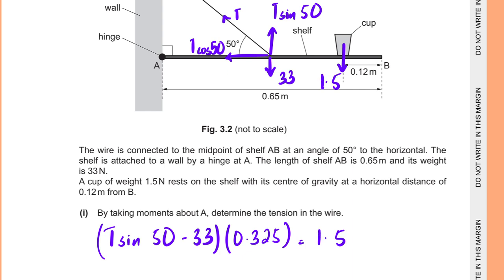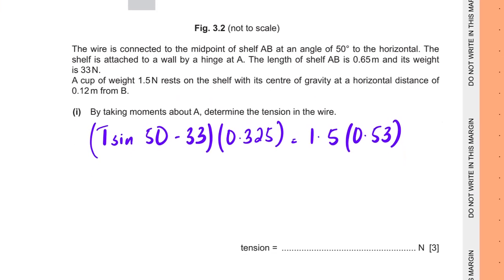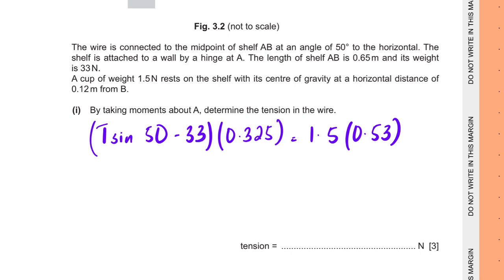So 1.5 times 0.53. When you do this, you multiply this, divide by 0.325, then add 33 and divide by sin 50. So T turns out to be approximately 46 newtons.